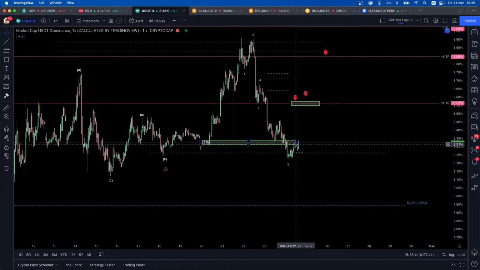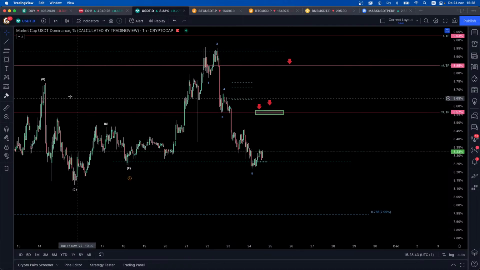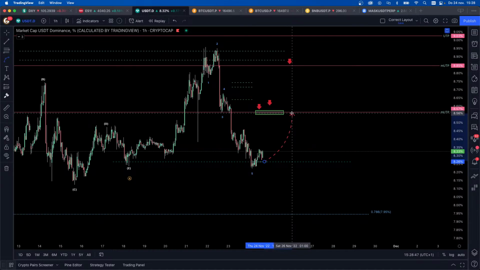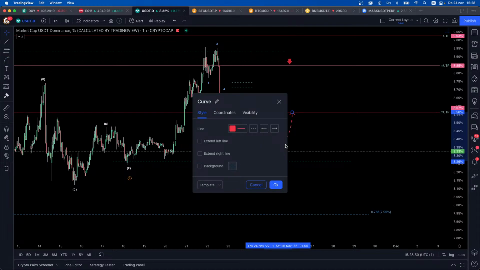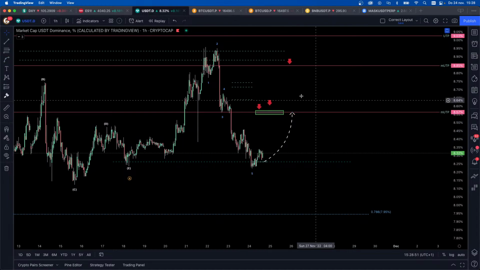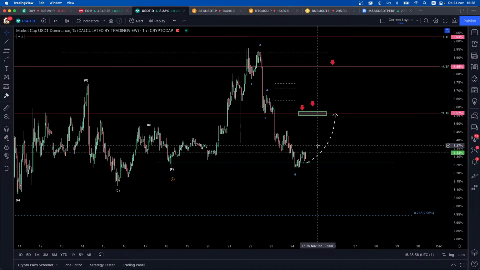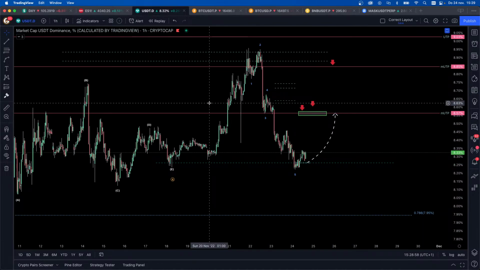So that's where we are currently bouncing. My target is still, I've shared this on Twitter as well, around this UTP level, which means that Bitcoin could definitely fall even more.